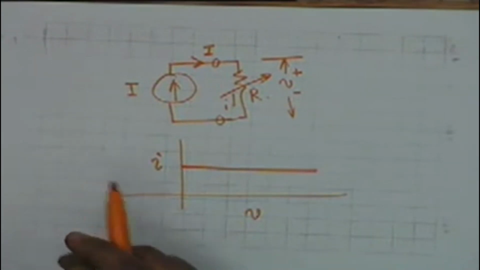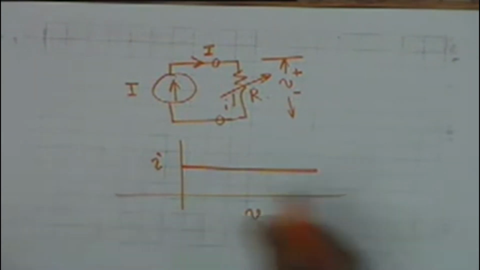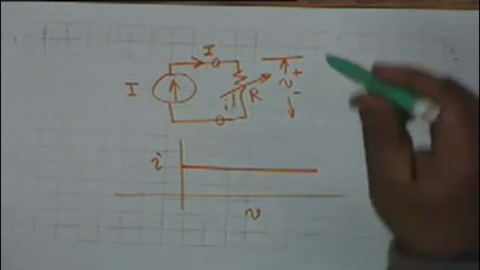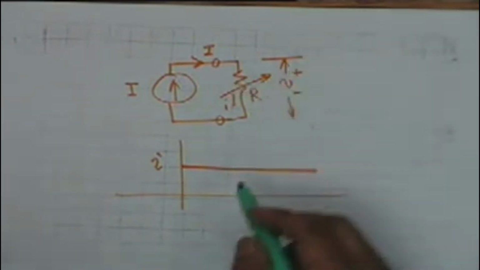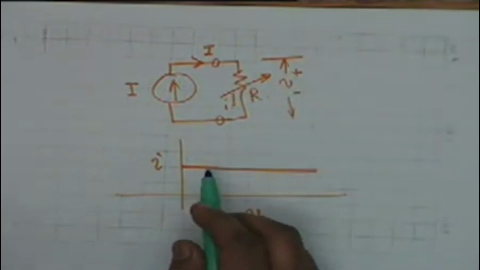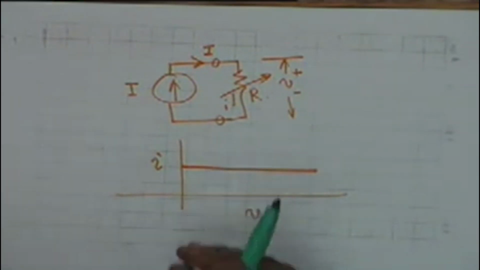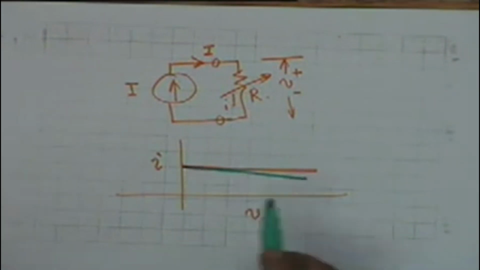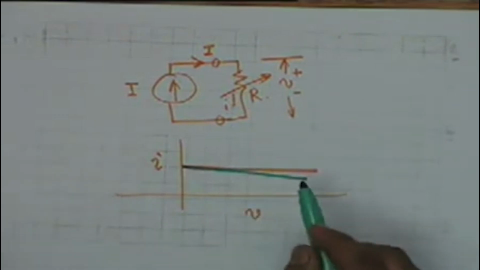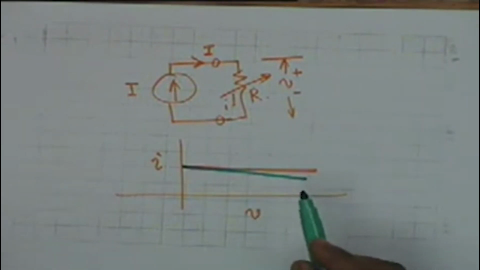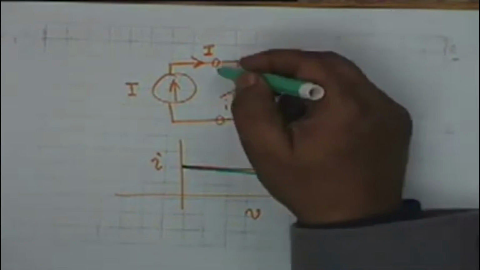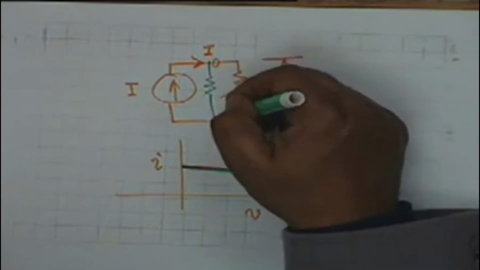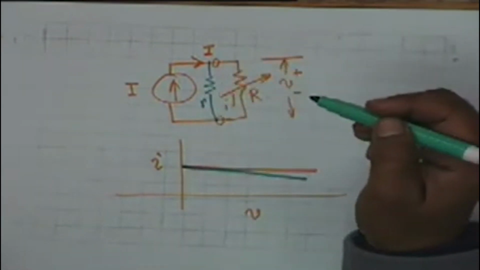Alright. In a practical current source, now you must follow this carefully, usually the current drops as you increase the load resistance. Usually the current drops like this, and this drop can be modeled by introducing a parallel resistance like this here, small r.